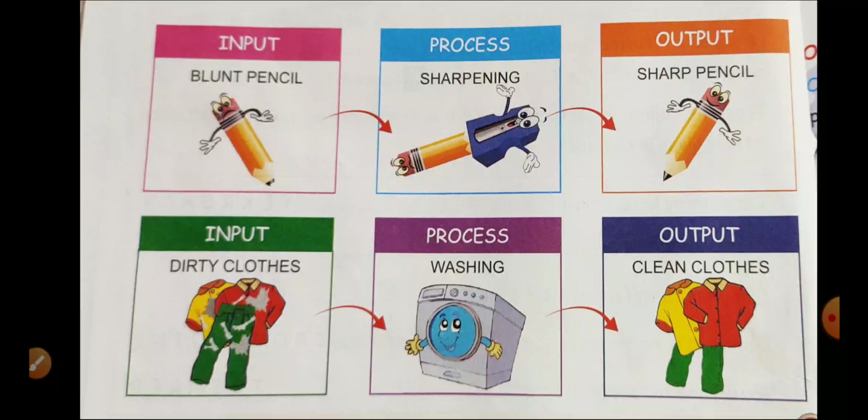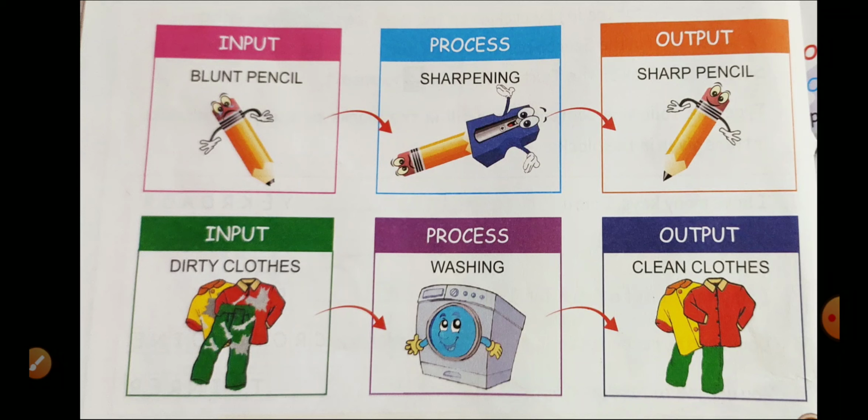Now let us understand it with the real life examples. Now see, input is blunt pencil. Process is sharpening the pencil and output is sharp pencil. So the problem was blunt pencil. We want to solve it.